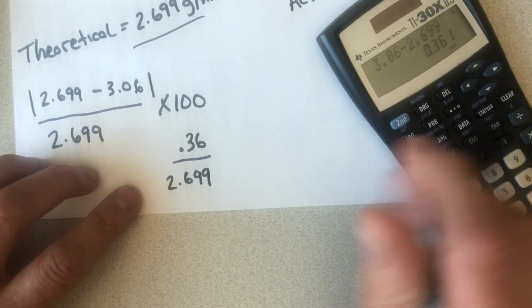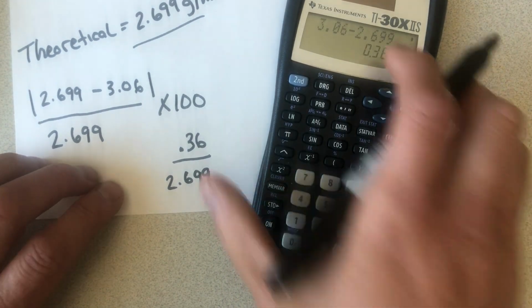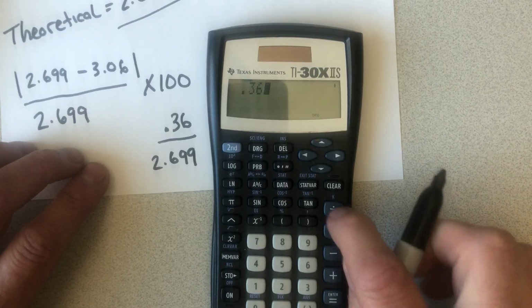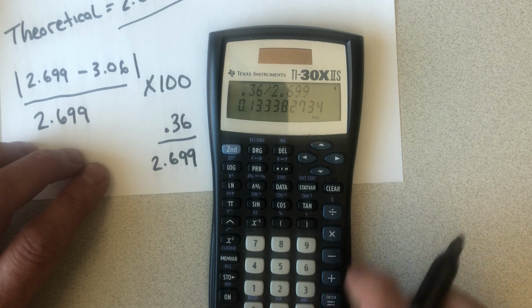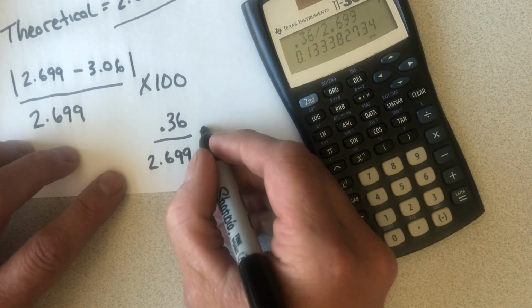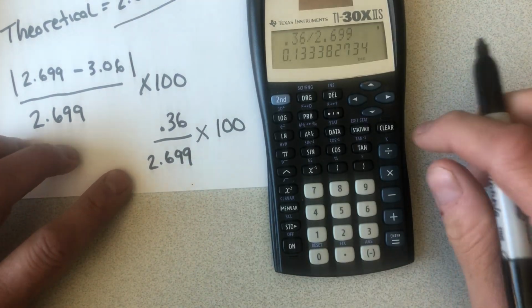So that number then gets divided by 2.699. So you've got to retype this, 0.36 divided by 2.699. And then we're going to multiply that by 100 to put it into a percent.